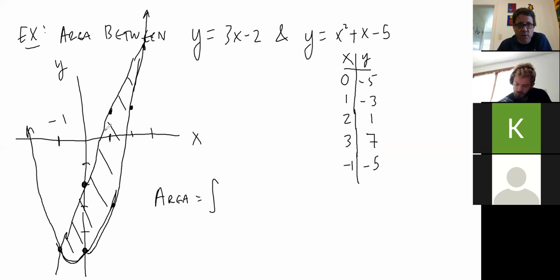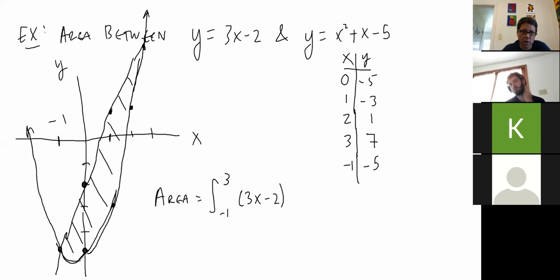So the area is going to occur when x is between -1 and 3. The top curve, the one that's on the top, is the line. It forms the top of my area. So that'll be 3x minus 2.